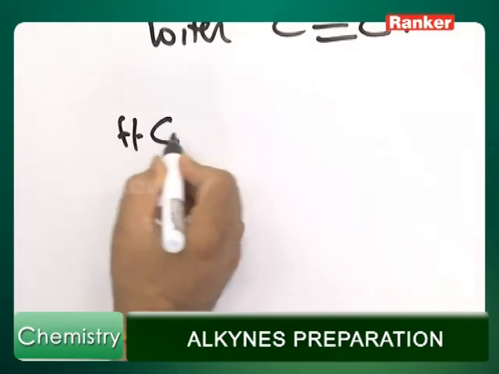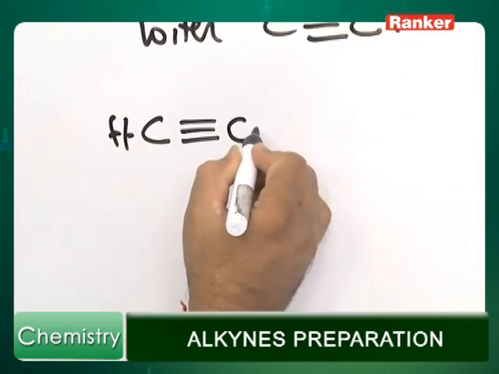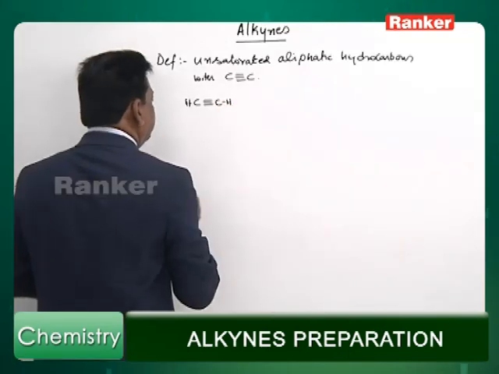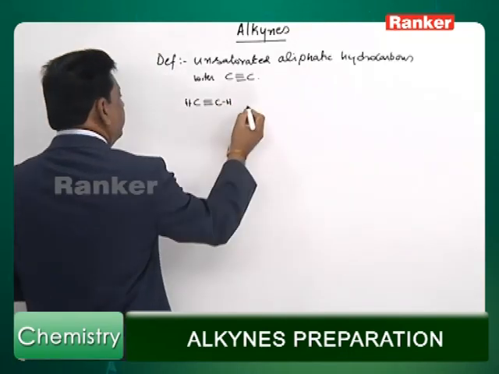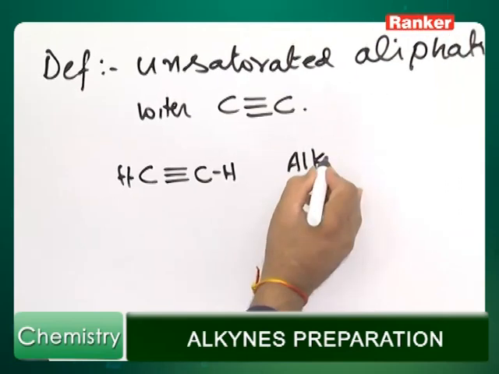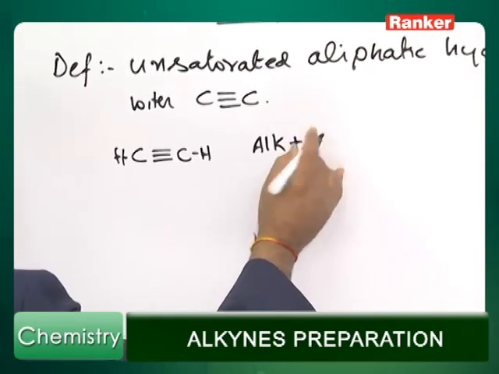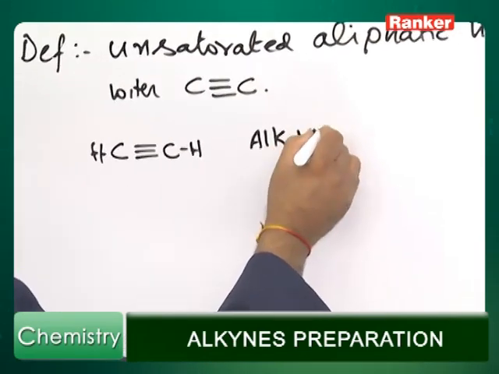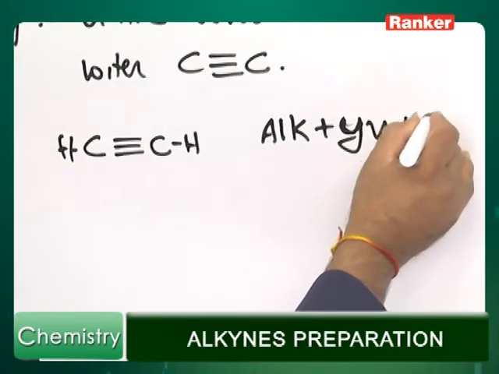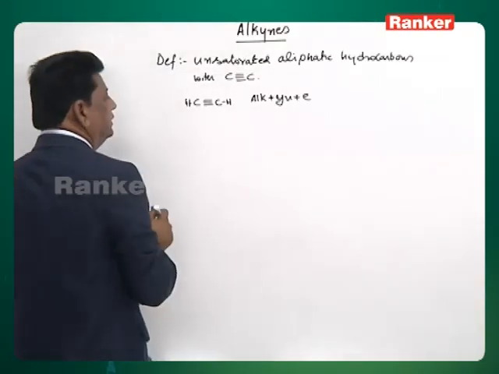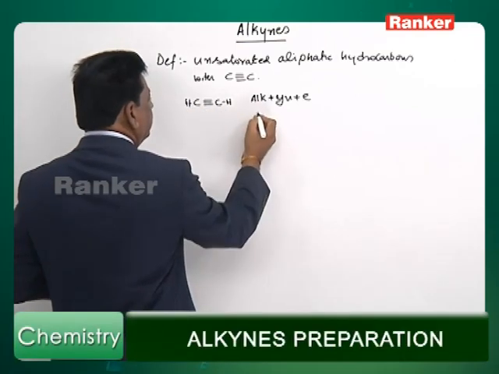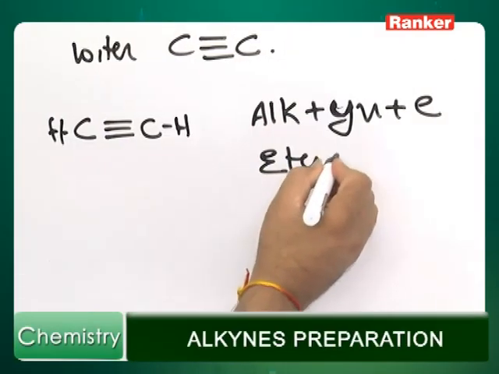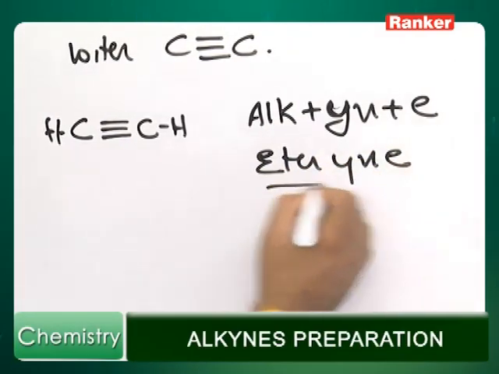the smallest alkyne is the 2 carbon alkyne, that is systematically named as alk plus ine plus E. So, according to this nomenclature, 2 carbons are there, therefore, ethine.